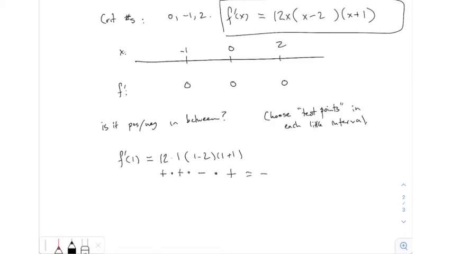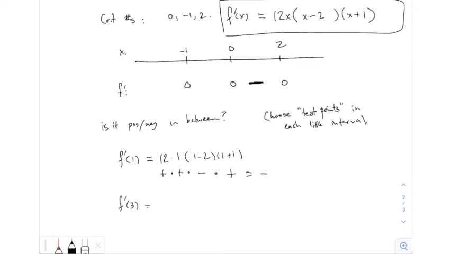Anyway, this is a negative, so I'm going to put a big old minus sign right there in this little range here. Because the value that I chose was in between 0 and 2, and apparently the derivative is negative in that range. All right, I'm just going to do that 3 more times. It's not so hard. How about, what's your favorite number bigger than 2? How about 3?